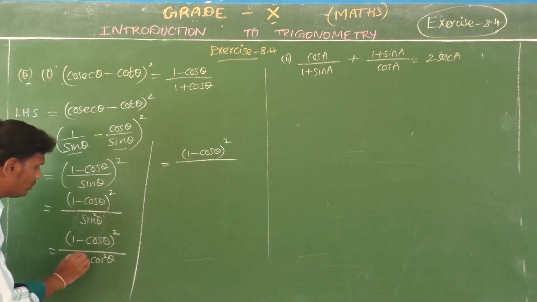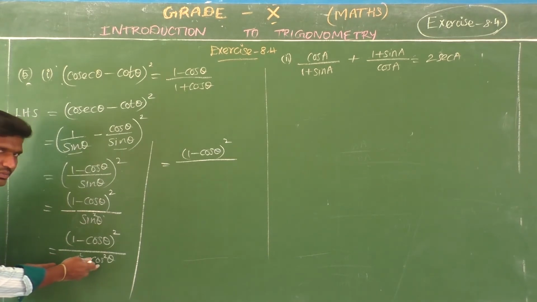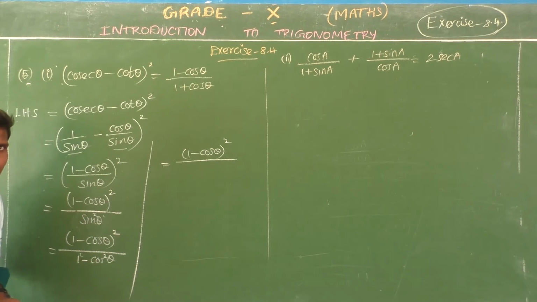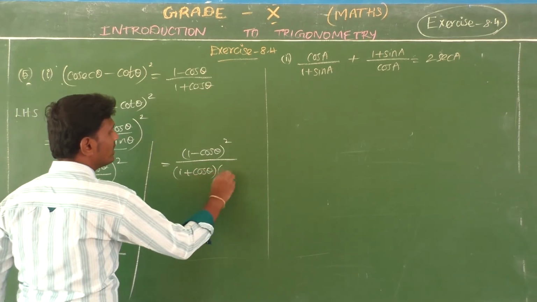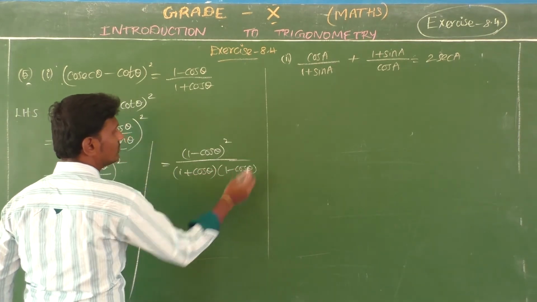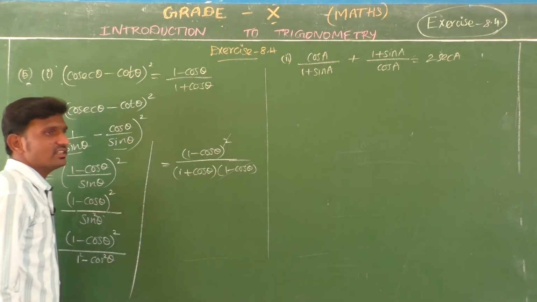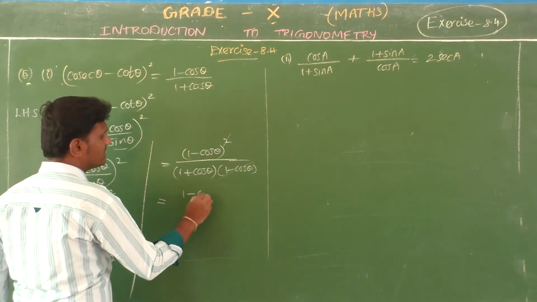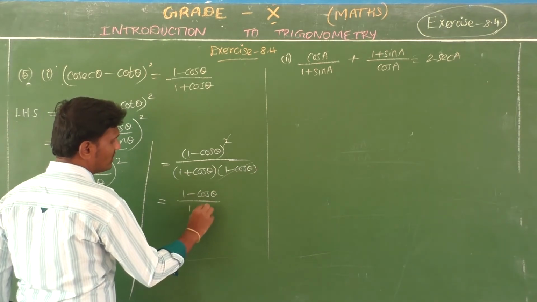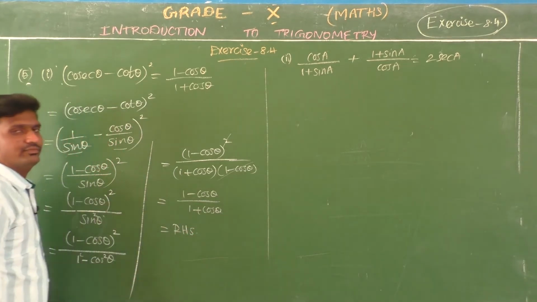Here I am going to consider 1 equal to 1 square. Now you have the a square minus b square formula: a square minus b square equals a plus b into a minus b. So here 1 plus cos theta into 1 minus cos theta. Now 1 minus cos theta here and 1 minus cos theta there both cancel. So the remaining terms are 1 minus cos theta whole divided by 1 plus cos theta. That is your right side.